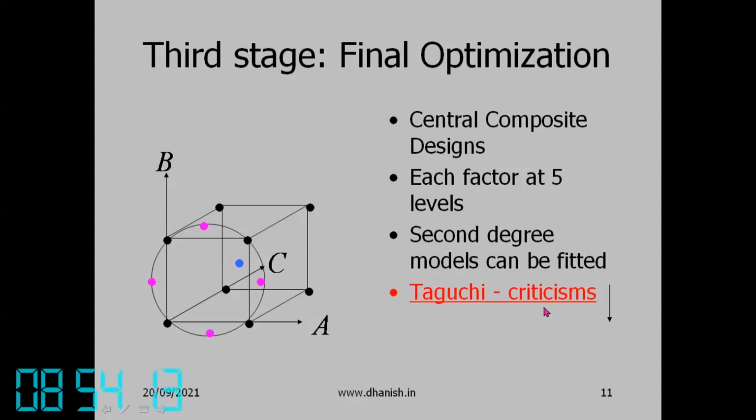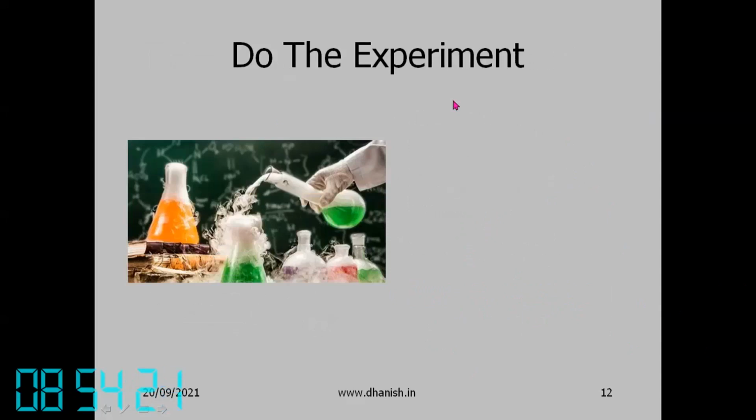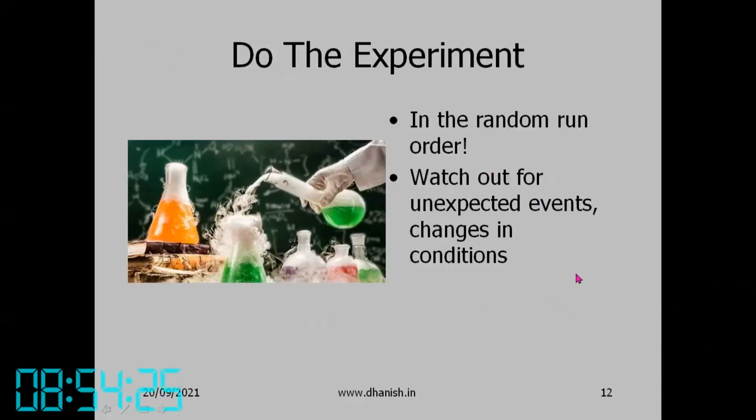Taguchi method is another type of design, which I'm not taking up here. Then you do the experiment. The experiment has to be carried out in random run order. Watch out for unexpected events, changes in conditions. Record everything in a notebook or in a camera.